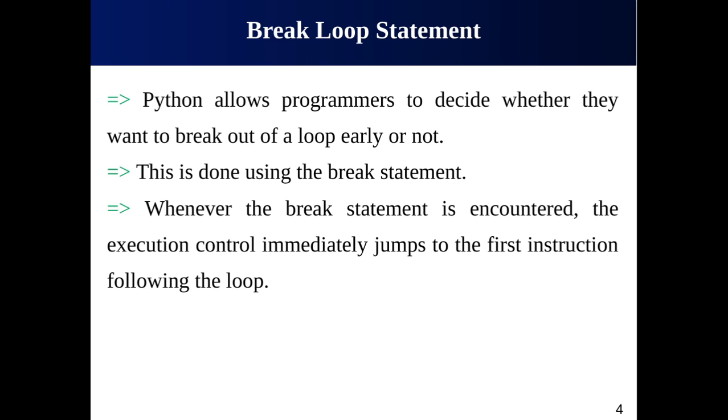Python language allows the programmers to decide whether they want to break out of a loop early or not. You can even control the execution of the loop with the help of a break statement. What does it mean? For example, if you are using a for loop, the statement or group of statements will be executed for a specific amount of time.